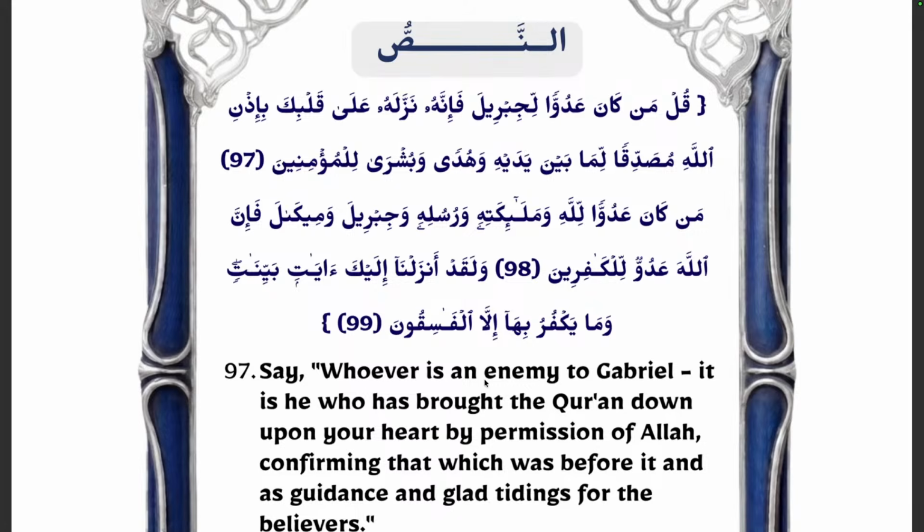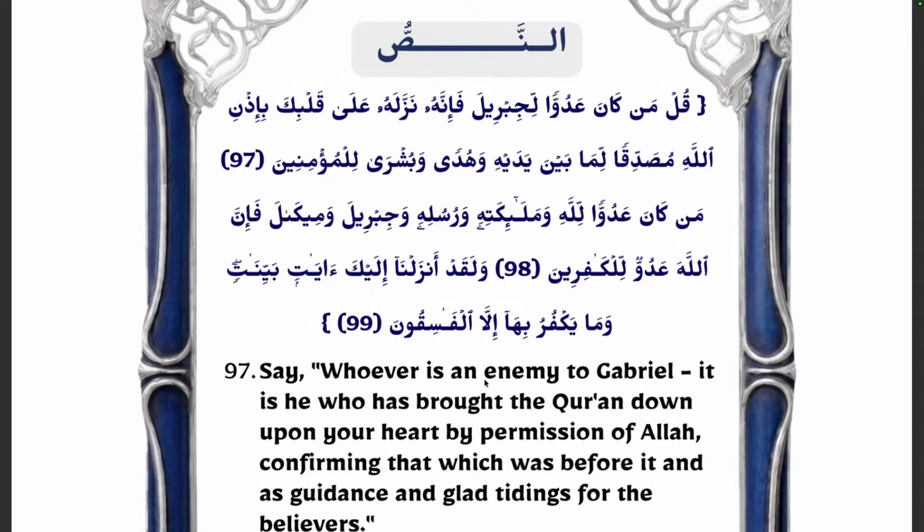Because if you take the verse literal, anyone who was an enemy to Jibril, let's say a Jew accepted Islam today and yesterday he was an enemy to Jibril, with the previous understanding or the limited, shallow understanding, we're going to say this man still is an enemy to Allah because he was an enemy to Jibril. And the verse is saying, once you are an enemy to Jibril, you're in trouble.